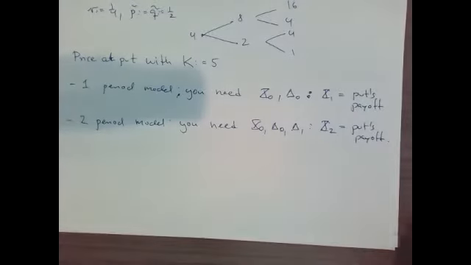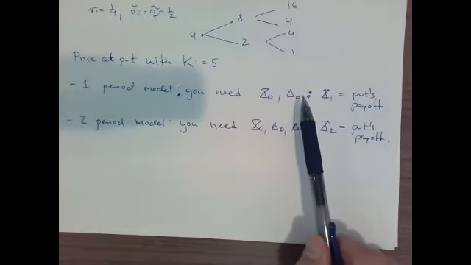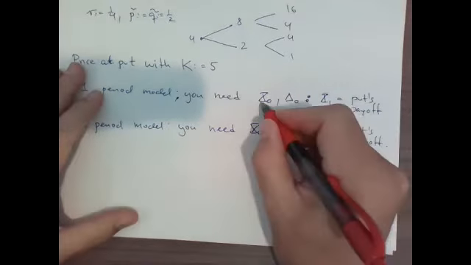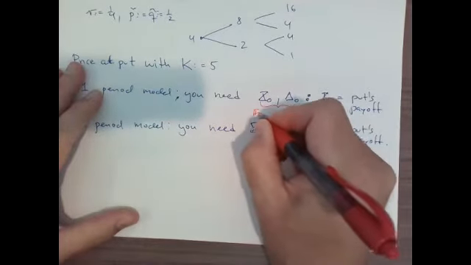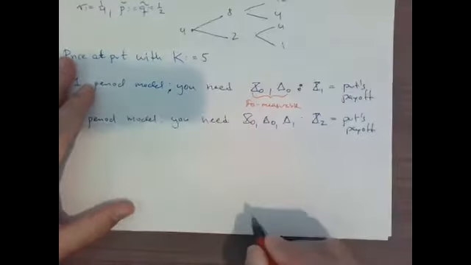So there's more stuff to be computed. And the difference is that up here, your initial wealth and your stock holdings, they were F0 measurable constants.